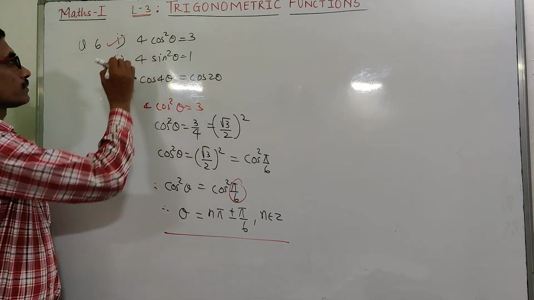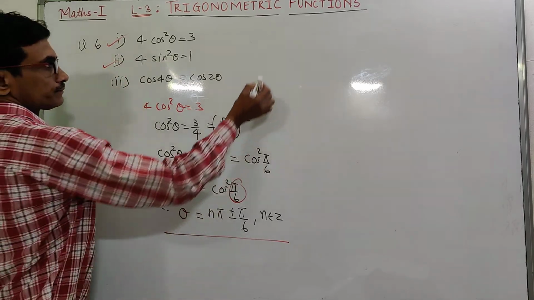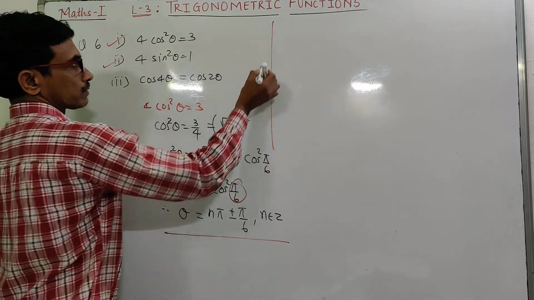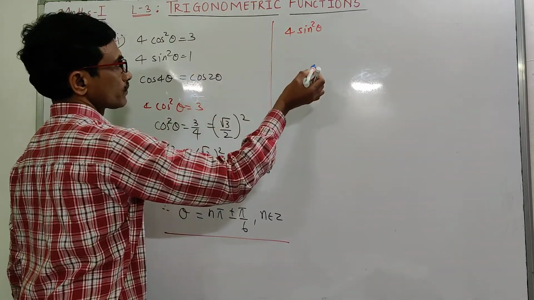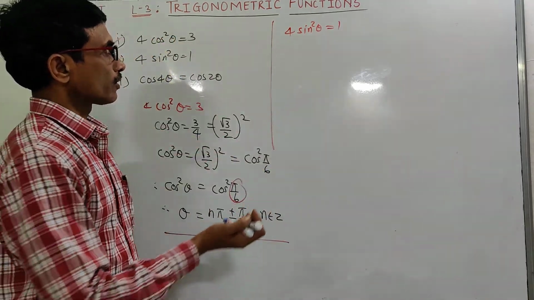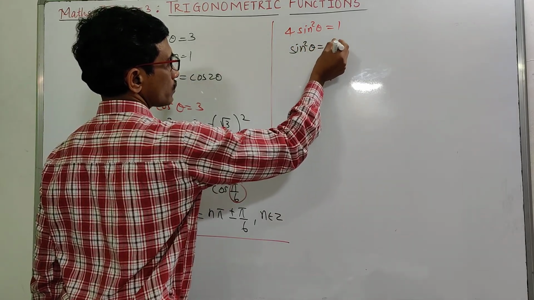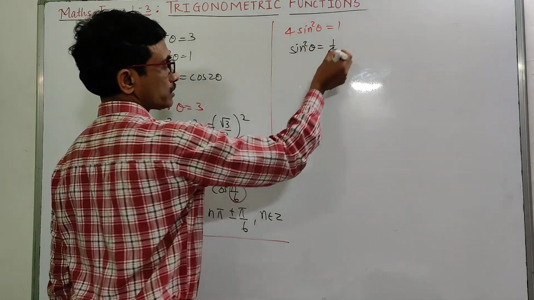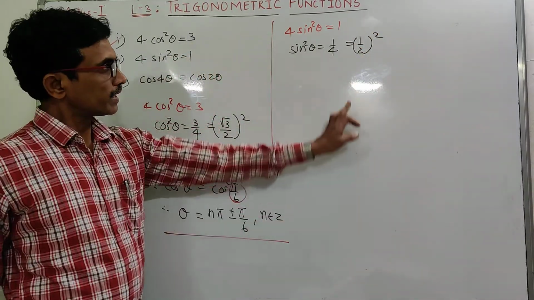Now let's attempt the second question. What is our second question? 4 sine square theta is equal to 1. Now this 4 we take in the denominator. Sine square theta is equal to 1 by 4, which is 1 by 2 whole square. 1 by 2 is sine of what?